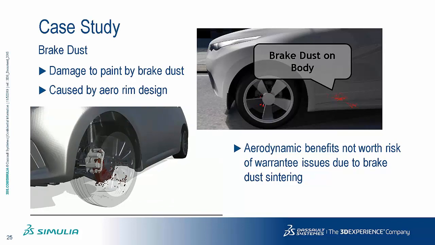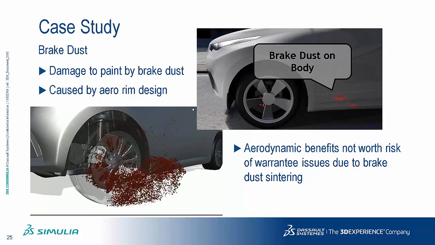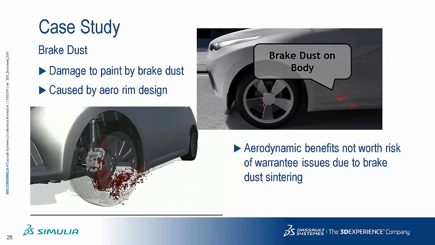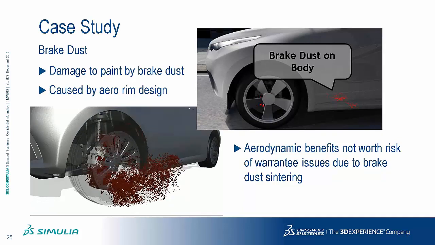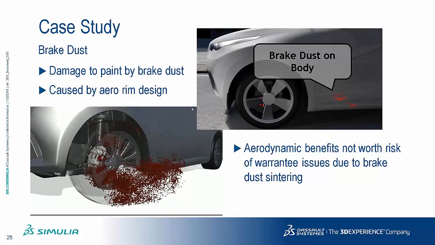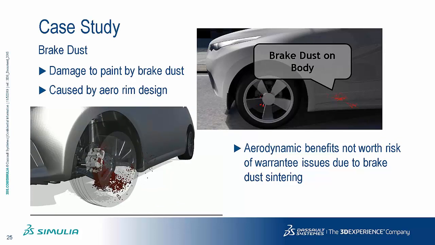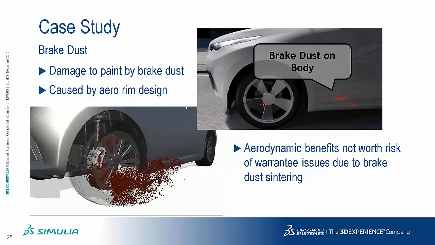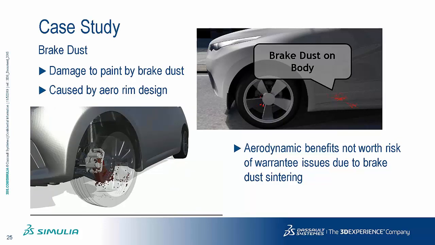You can have this brake dust deposited on your paint and cut and sinter, and that can become a nucleation site for rust. Actually, I had a customer where that happened, and they actually had to have a recall and buy back a few vehicles because of this. And all of it stemmed from a change that they did to a brake dust shield. And then once they reinstalled that brake dust shield, the problem went away.